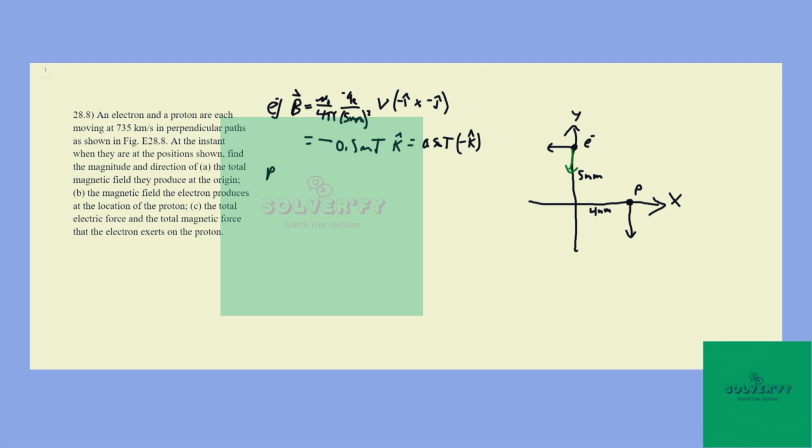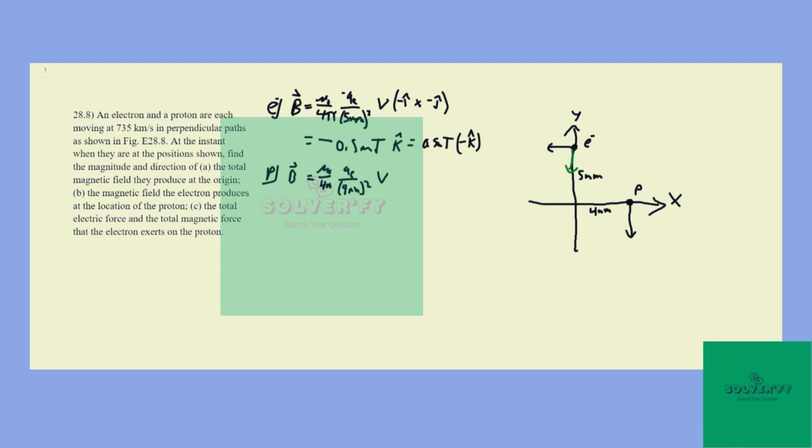Okay, now for the proton, we do the same thing. What's different is we have a different distance, and we have different cross products. So I'll write down this q_e this time for positive. That's the charge of the proton over 4 nanometers squared. The velocity is the same, 735.